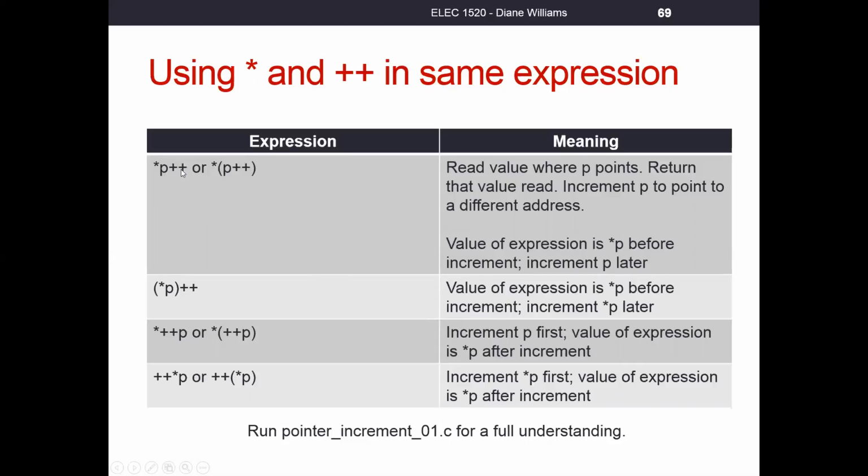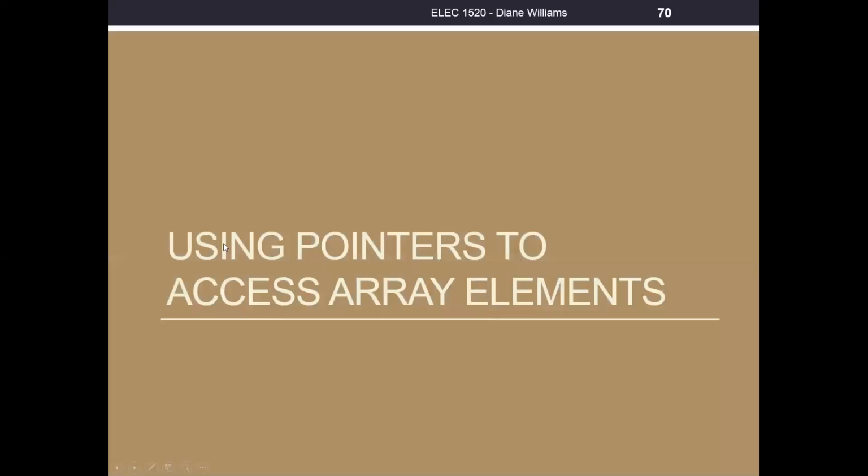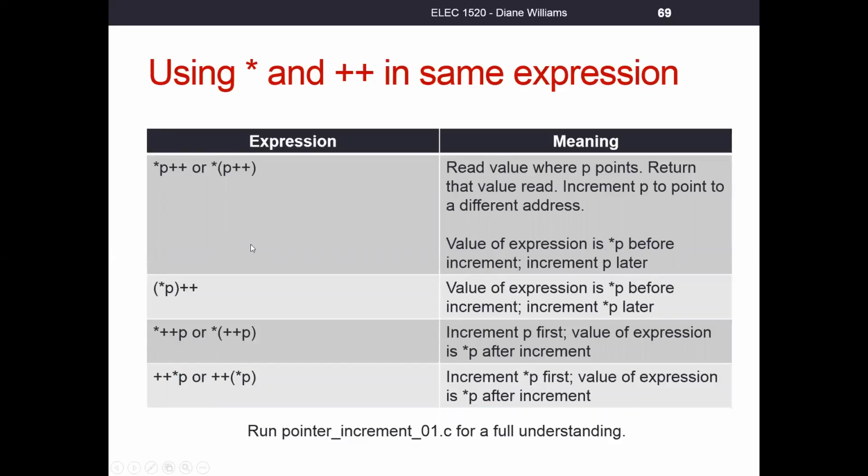Remember, post increments after. So this is go ahead and read the value where P points, return the value that was read, and then make P point to a different address. So the value of the expression is star P before the increment, and then it increments after, just like the post increment that we know. It's returning what's in memory before it increments.